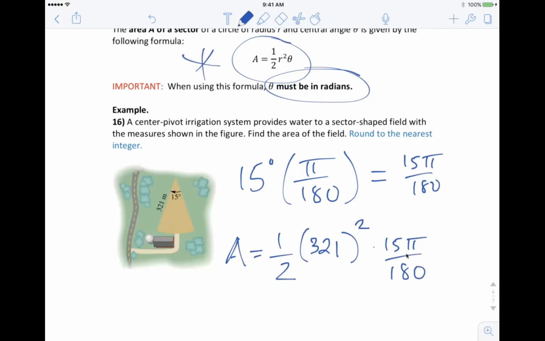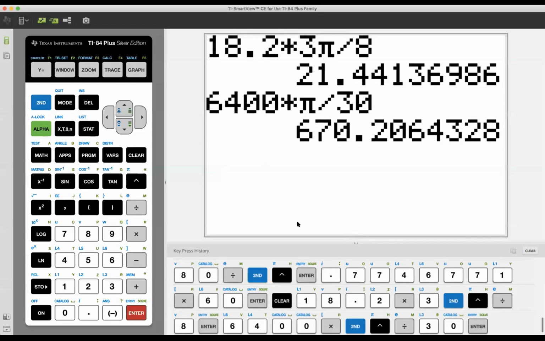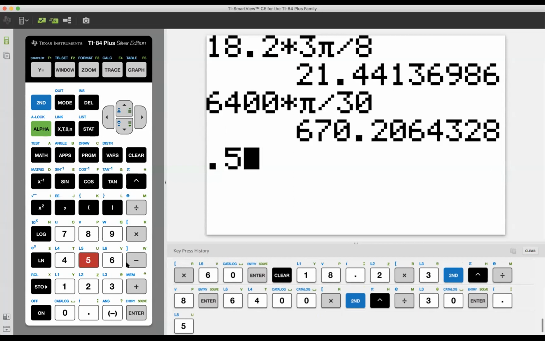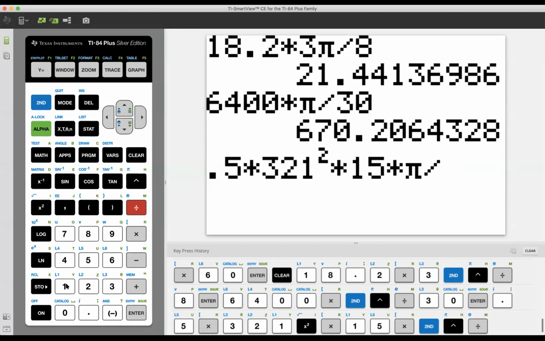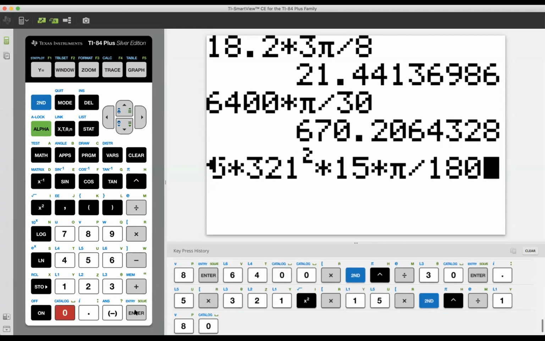Okay, now how should we put that into our calculator? Well, I would do it all at once, like this. 1/2, I would just use 0.5, because that's easier to type in, right? I could do 1 divided by 2, but I just know that's 0.5. So 0.5 times 321, and then hit your x squared button, times 15 times pi divided by 180, and then enter it.